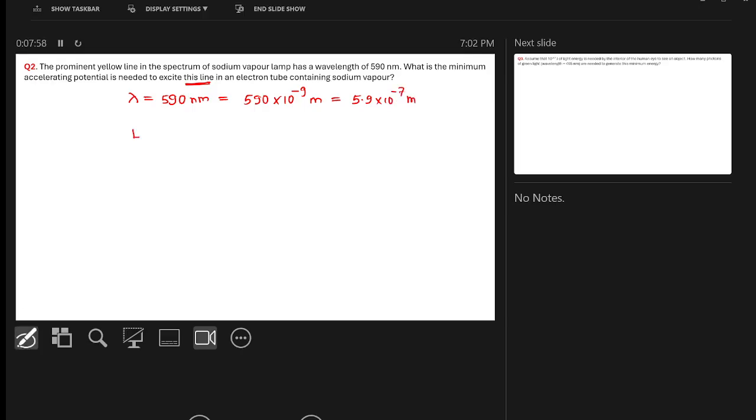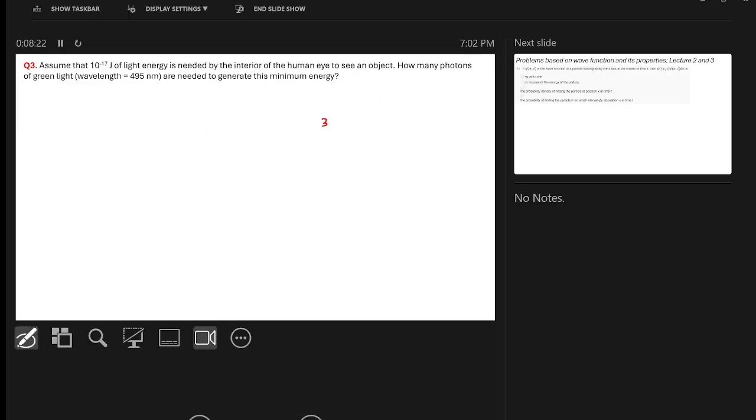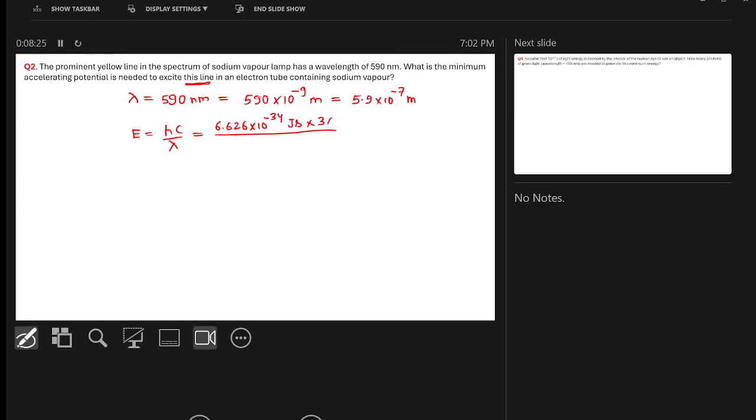Now you have to calculate energy. Energy is nothing but hc by lambda. What is h here? Planck's constant, 6.626 times 10 to the power minus 34 joule second. c is 3 times 10 to the power 8 meter per second. What is lambda? 5.9 times 10 to the power minus 7 meter.